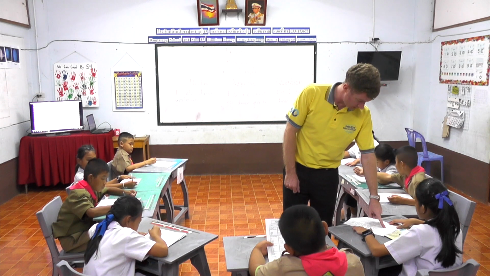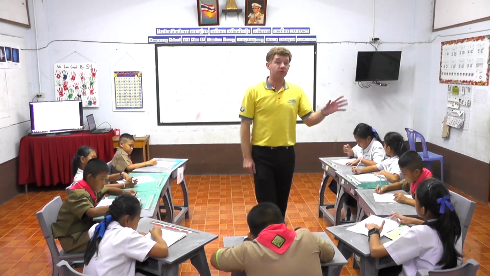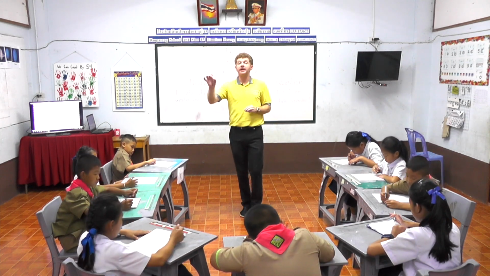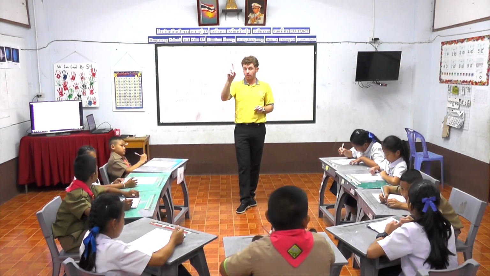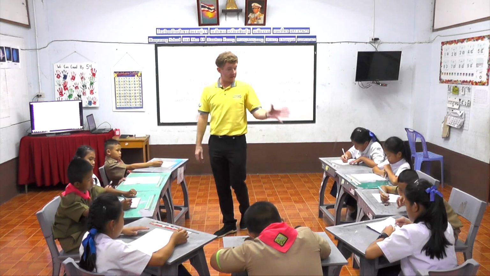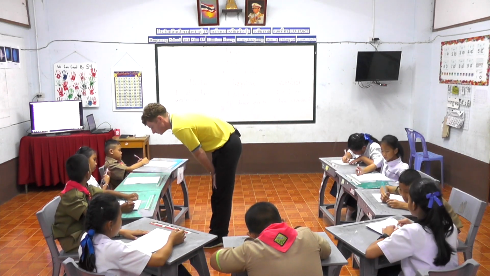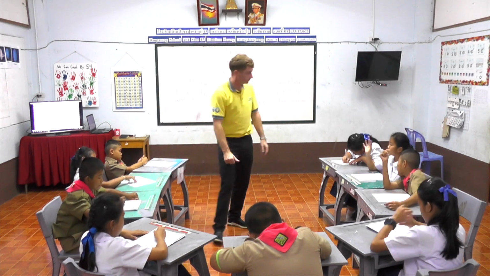Correct. There were 3 books on the table. There was a clock on the wall. 1 clock. Like we learned in the previous lesson, guys. Remember, there is, are, was, were. Perfect. Very good.